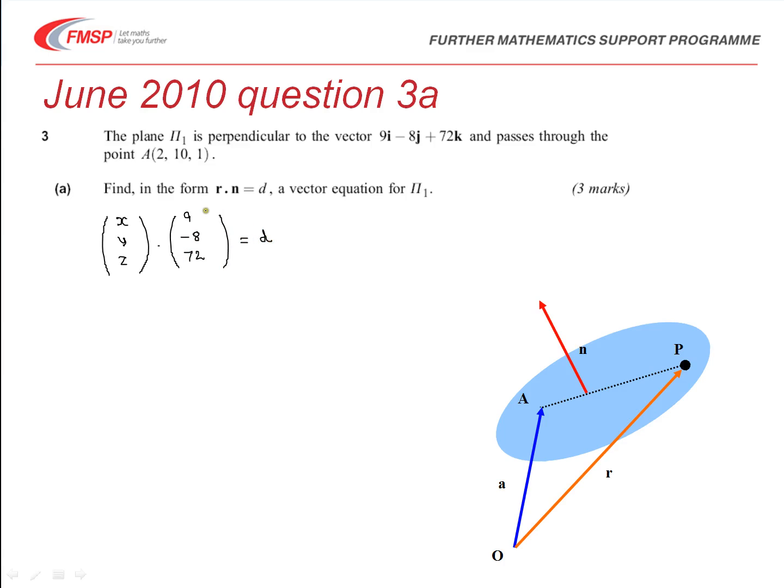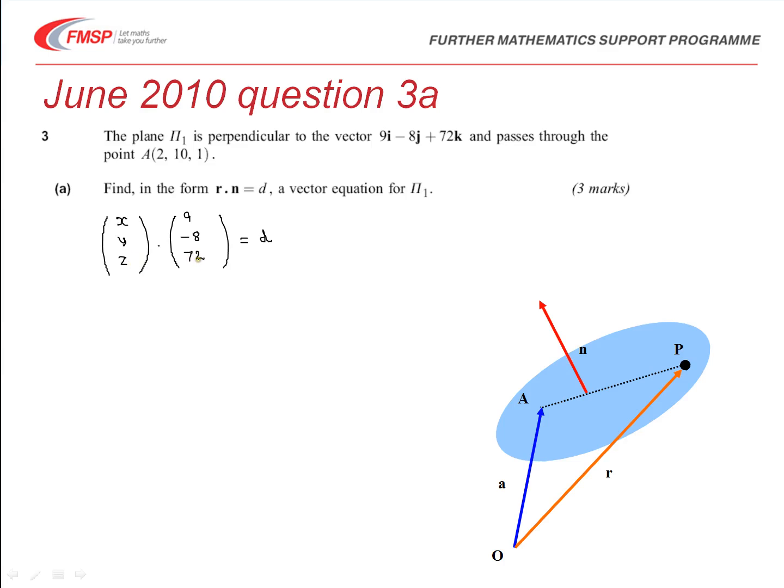Now if that's true for all points, then it's true for a particular point. So to determine the value of d, we now substitute in 2, 10, 1 into this. And if we do that, when we do the dot product, 2 times 9, 10 times negative 8, 1 times 72.